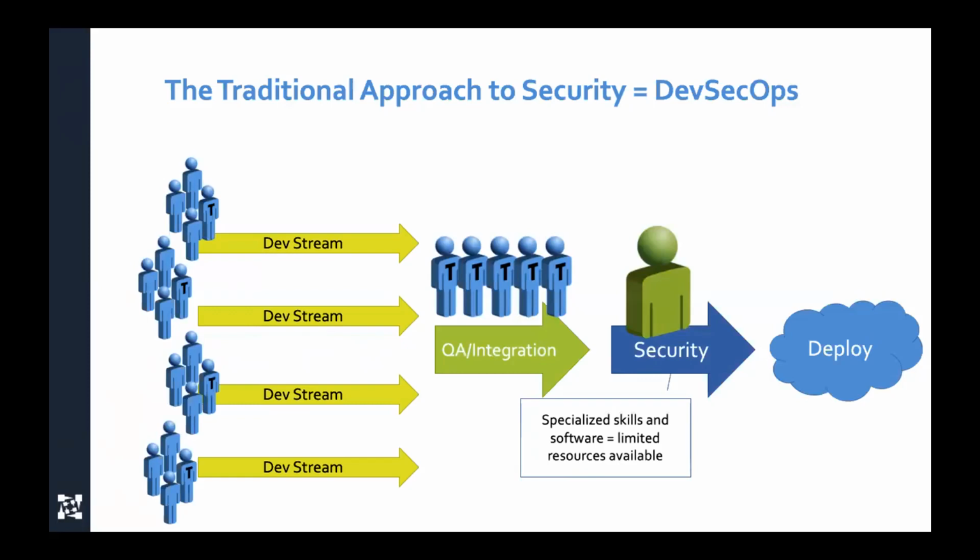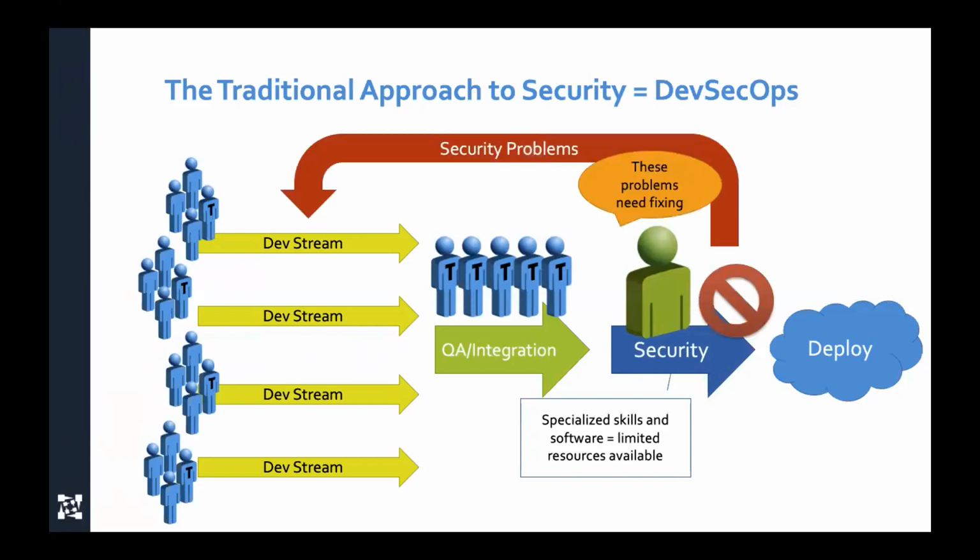So you end up with specialized skills, a smaller team of security experts that are used as the gate before something goes into production, often using specialized tools which don't apply to the development teams' or the test teams' daily workflows. So what happens more often than not is that the security team will identify some vulnerability just before deployment or as part of the deployment checklist and say, okay, hold on guys, we have to stop.